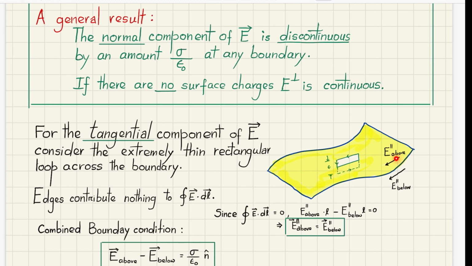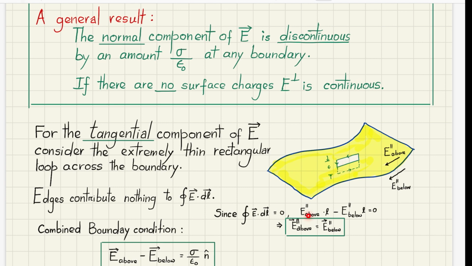And I want to figure out what the parallel component of E above and E below is. All right, so quite clearly, if I take the integral of E dot dl, since this epsilon is going to almost 0, there is no contribution from the edges. But we know that the integral of E dot dl is equal to 0. This is a closed path.